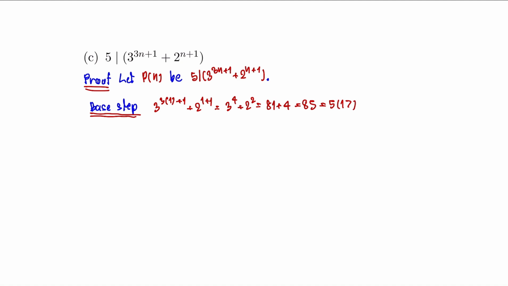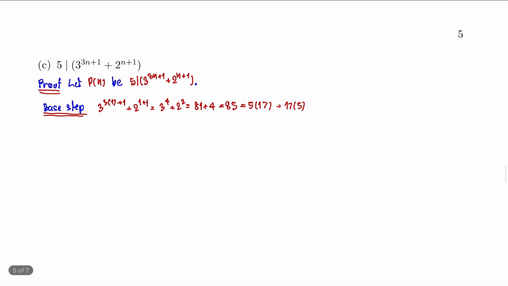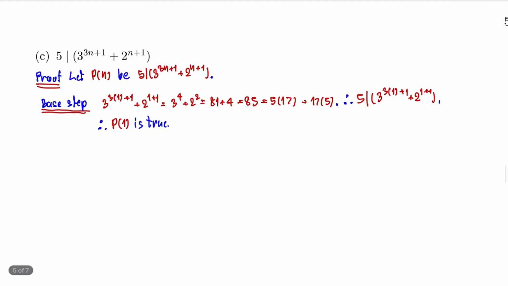Actually it's 17 times 5. So that means that 5 divides 3 raised to the 3 times 1 plus 1 plus 2 raised to the 1 plus 1. So that means that P(1) is true. We've just proved the base step.